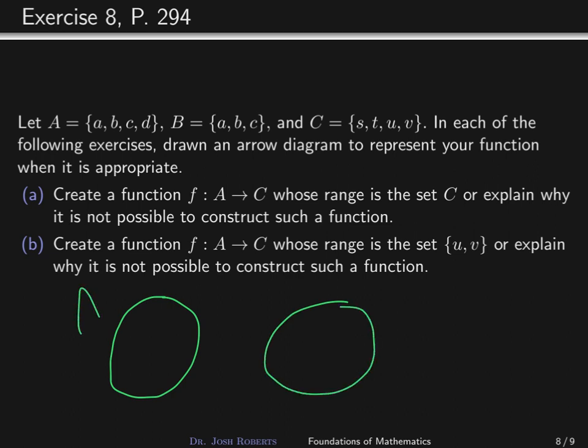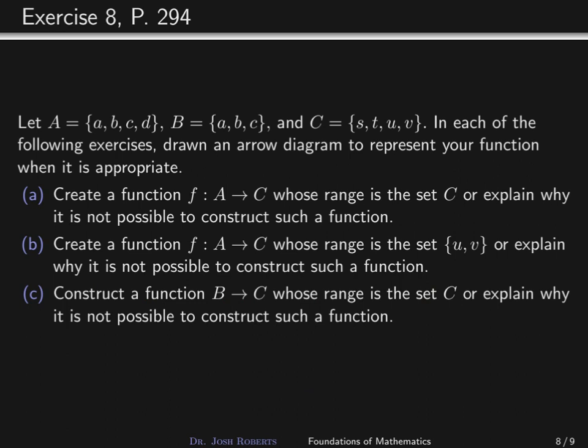So I have A and C and a function between them, F, A, B, C, D, S, T, U, V. If I want the range to only be U and V, that means I have to have arrows coming from these elements that only hit U and V. Is that possible? Think about that one. Try to do that one.